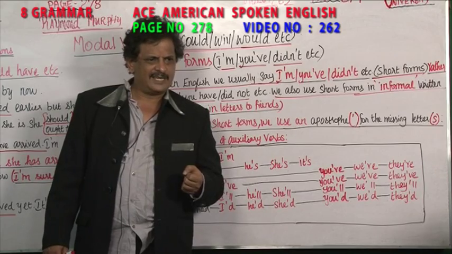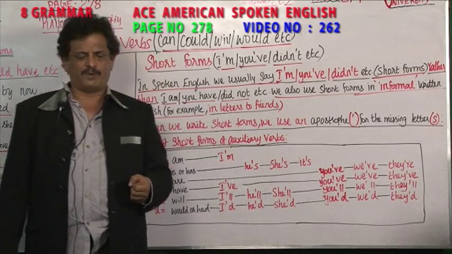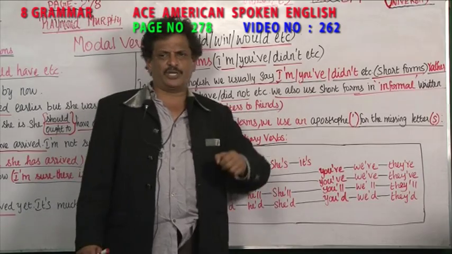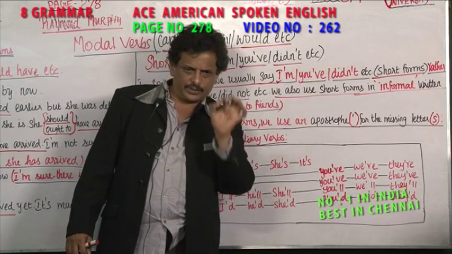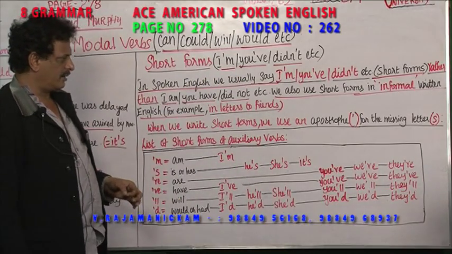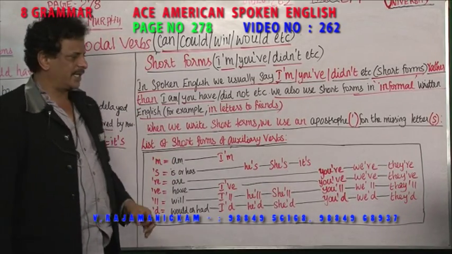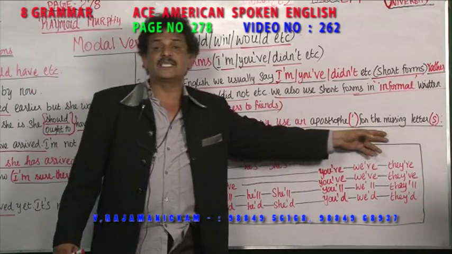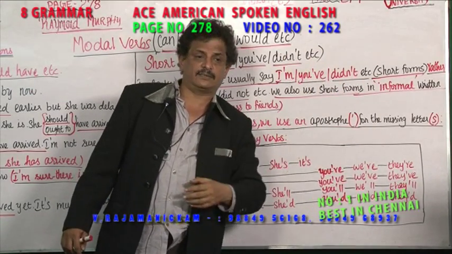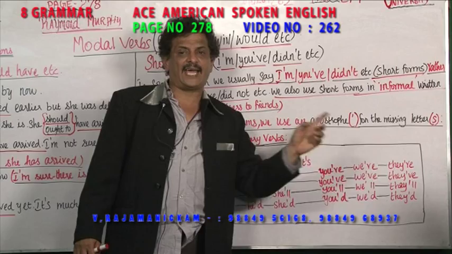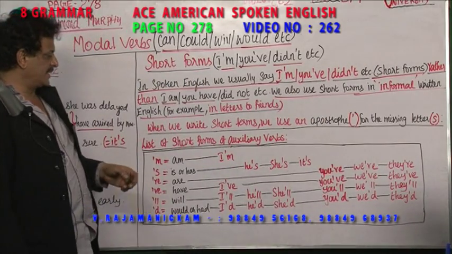Rama apostrophe S, yes: Rama's pen. So for possession you use an apostrophe. When you leave out letters, there you use an apostrophe. It may be a missing letter or missing letters. Apostrophe VE means have; two letters are missing.